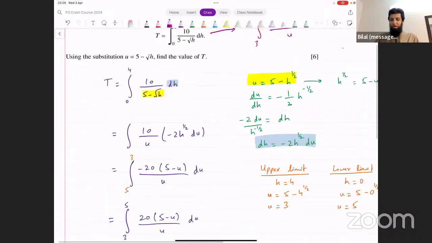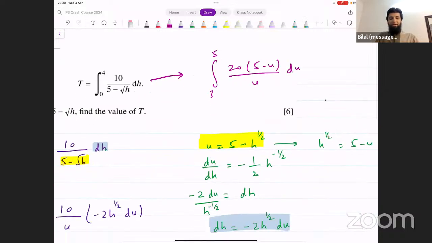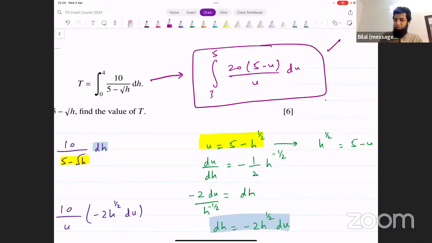So sometimes they ask you to convert an integral to a particular form. So they might ask you to convert this integral to this form, in which 3 is the lower limit and 5 is the upper limit.